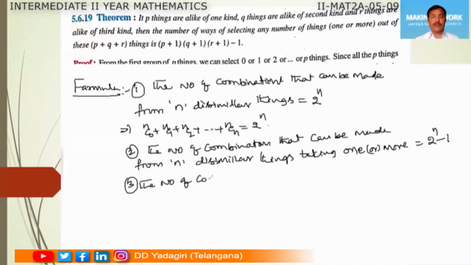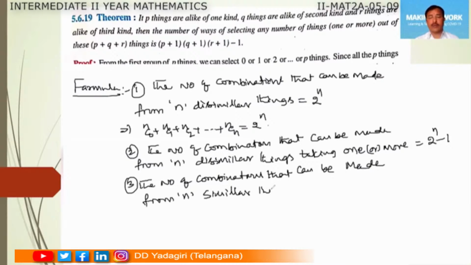The number of combinations that can be made from n similar things is equal to n plus 1. సరే, ఇది దానికి దీనికి డిఫరెంట్. n డిఫరెంట్ థింగ్స్ ఉన్నప్పుడు, వాటి నుంచి వచ్చే కాంబినేషన్స్ 2 power n అయితే, n సిమిలర్ థింగ్స్ ఉన్నప్పుడు వాటి నుంచి వచ్చేటువంటి కాంబినేషన్స్ n plus 1 అవుతాయి. ఓకే, సో ఈ ఫార్ములాస్ నోట్ చేసుకోండి.